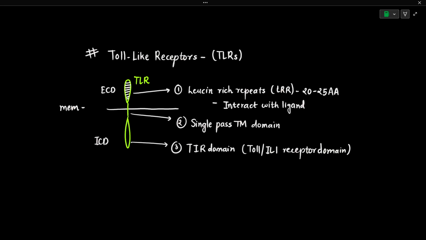There are different signaling pathways mediated by TLRs, such as the MyD88 dependent pathway and the TRIF dependent pathway. But we will be discussing those signaling pathways in detail in some other lecture. Today we are just discussing toll-like receptors, their structure, the different types of TLRs, and the different ligands that those TLRs recognize. That's the only topic of discussion.